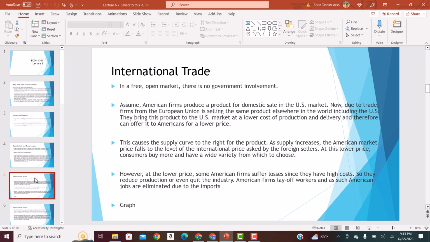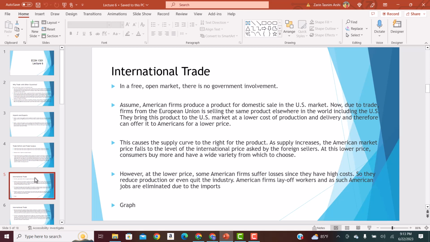However, at lower prices, the losers will be some American firms, some domestic firms who are not efficient. This is because some of the American firms may not be specialized, or they may not be good at producing that good. So they may incur high cost, and that is why they are charging higher prices in the market.